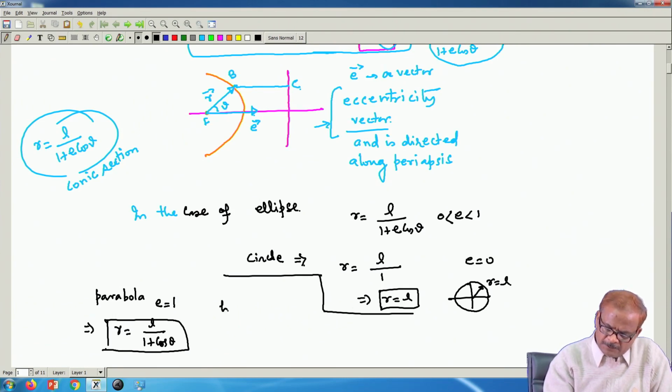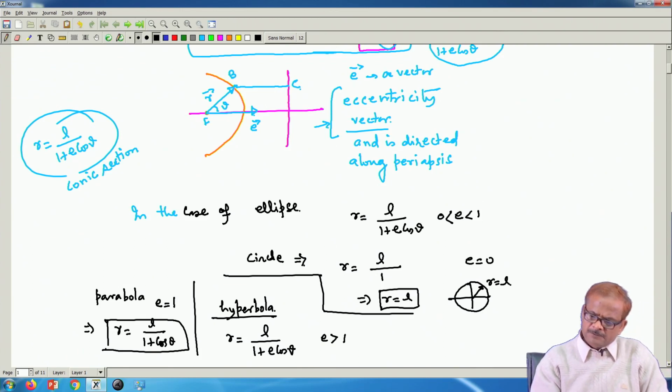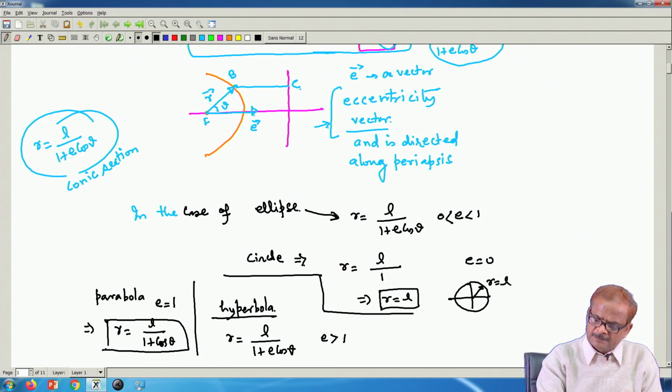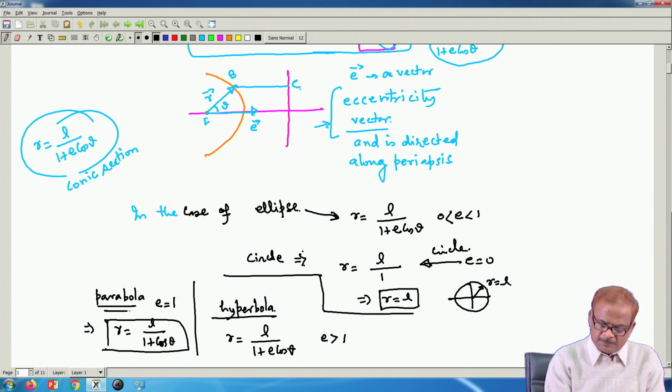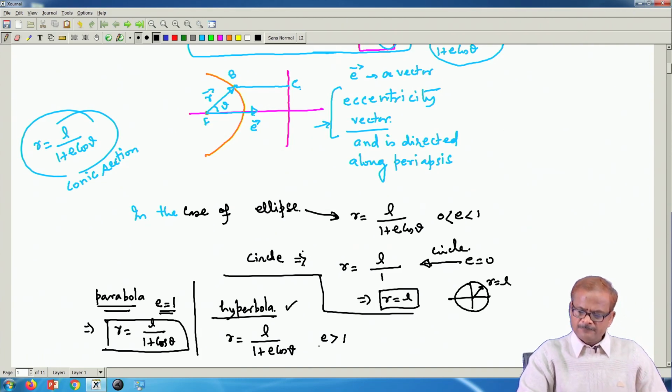In the case of the hyperbola, R will be given by the same equation, but here E will be greater than 1. So, this is the case of the ellipse, this is the case of the circle, this is the case of a parabola where eccentricity is equal to 1, and this is the case of the hyperbola where eccentricity is greater than 1.